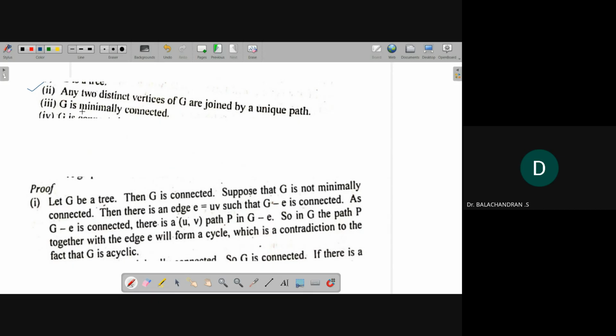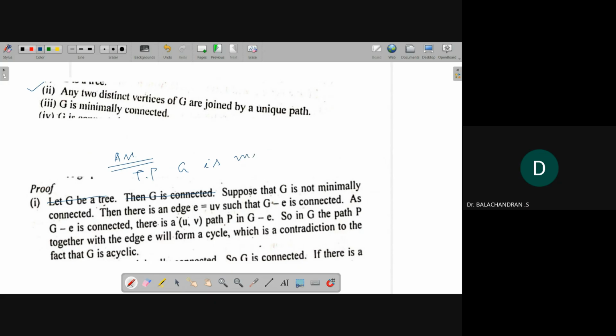You need to prove G is minimally connected. Let me start the proof. First, assume any two distinct vertices of G are joined by a unique path. That is the assumption. Next, to prove G is minimally connected.